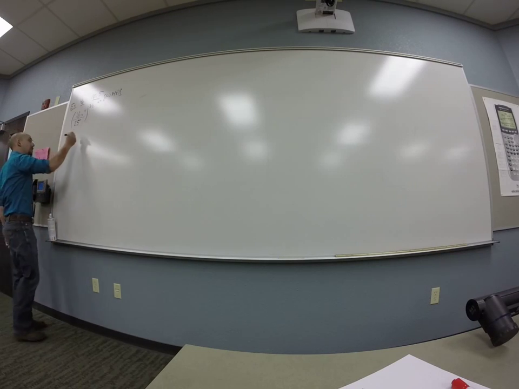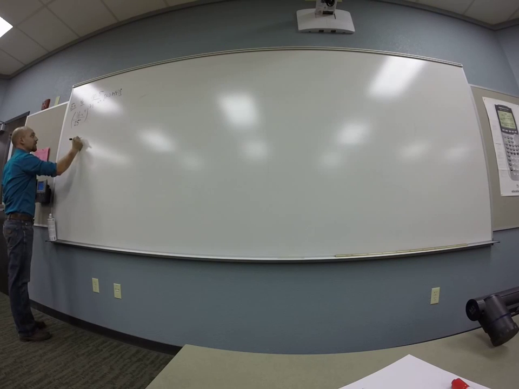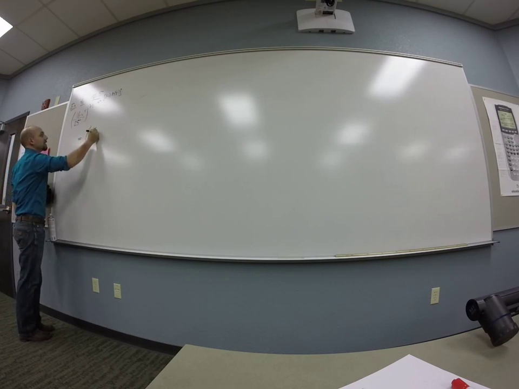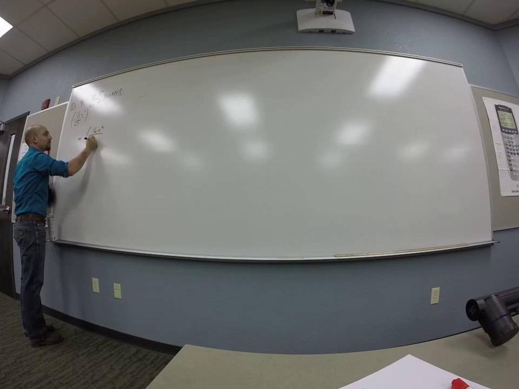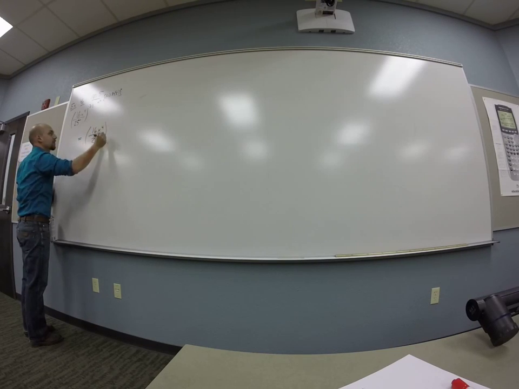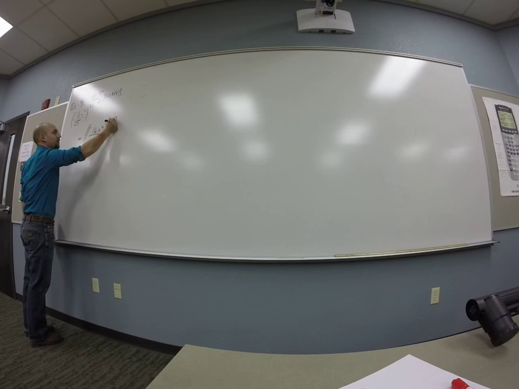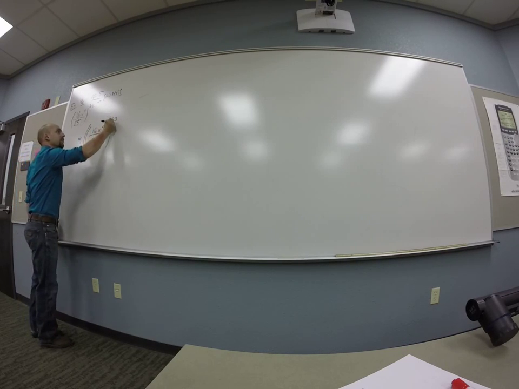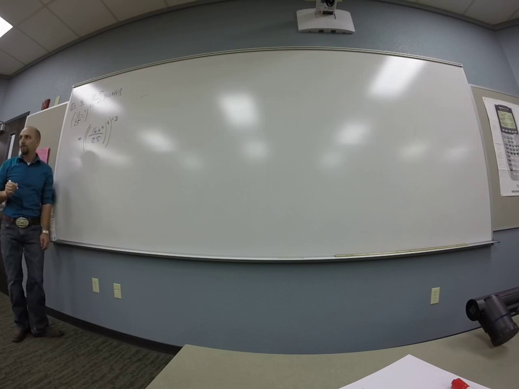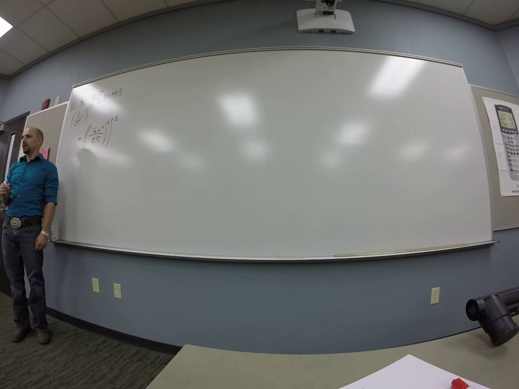So I'm going to think about this as 16x to the 4th over 25 to the 1/2, and then all of that raised to the -3. You guys see that? This is using the exponent rule about multiplication.